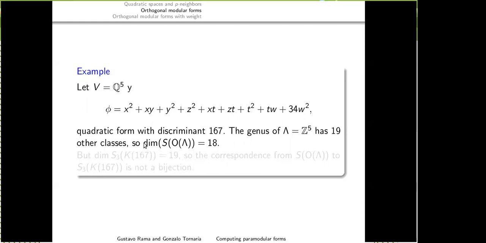So the dimension of the cuspidal subspace is 18, but the dimension of the paramodular space in this case is 19. So the correspondence from the cuspidal subspace to the paramodular space is not a bijection.